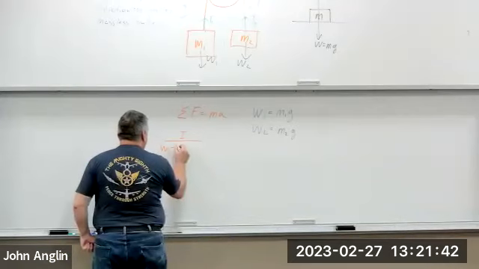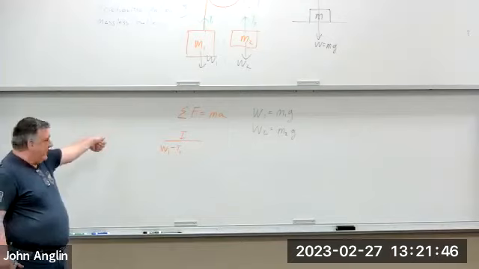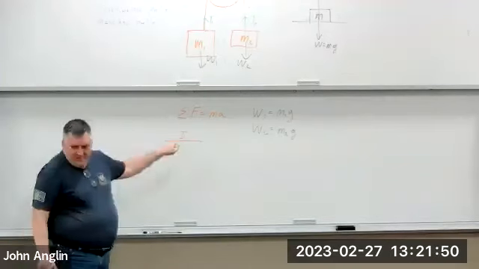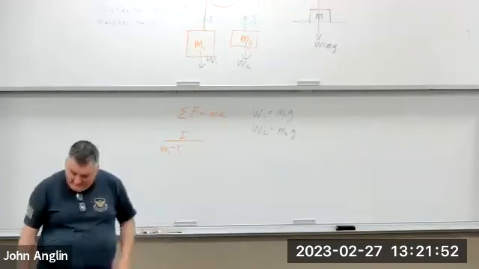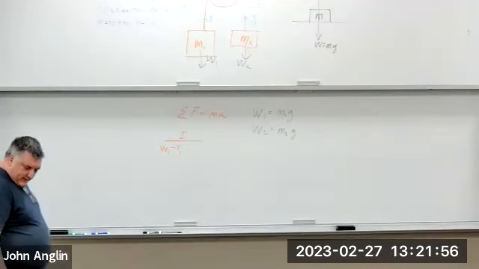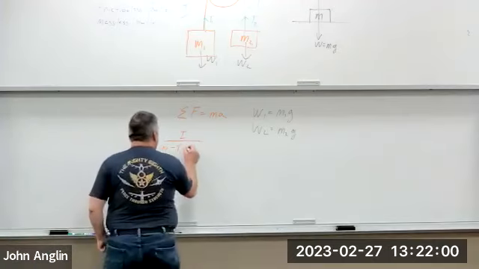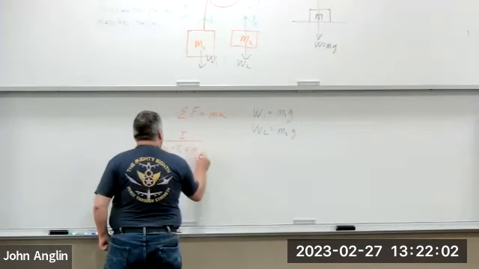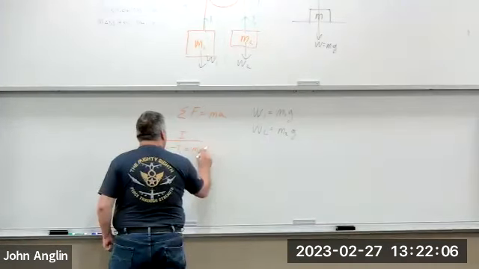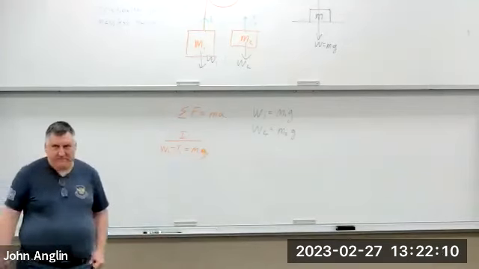But notice the tension is in the opposite direction of weight, so we pick up a negative sign. That has to equal the entire mass of the system, which is just m1, times whatever acceleration it is experiencing.